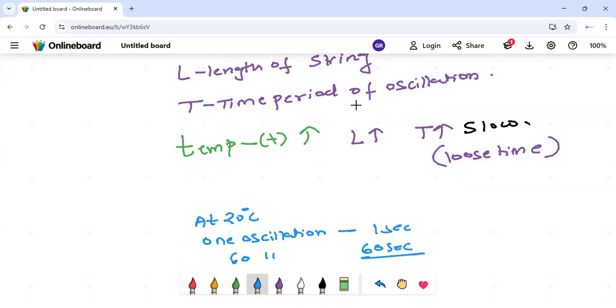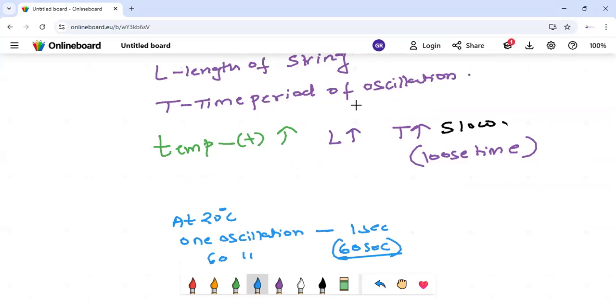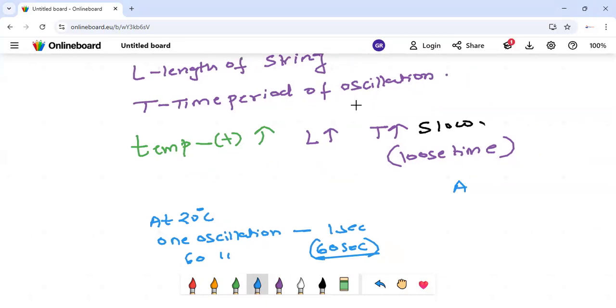You will count oscillations and treat 60 seconds and 60 oscillations as equivalent. Now at 40 degree, I'm just assuming, it's not real data, just an example to help you all understand. One oscillation will take more than 1 second, let's say 1.1 second.